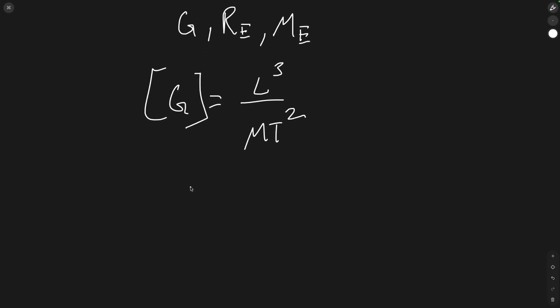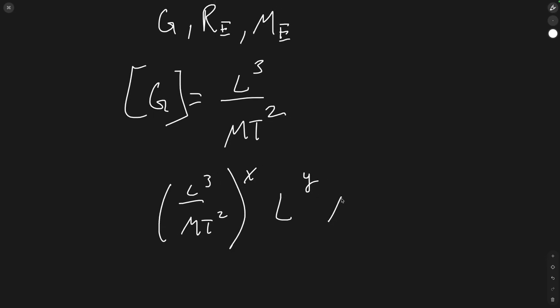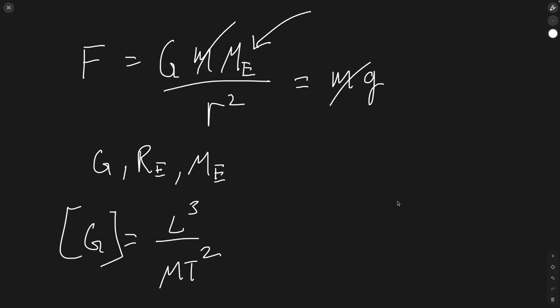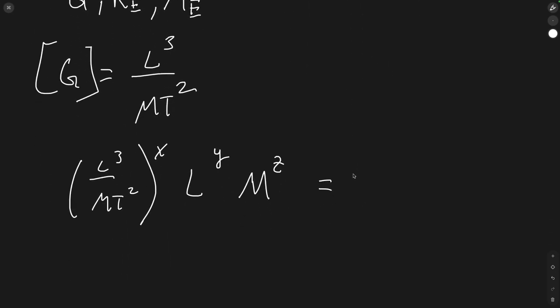So we have L cubed over m t squared, raised to the x power. Radius of the Earth raised to the y power. And the mass of the Earth raised to the z power. This should equal the units of velocity, which is length over time.